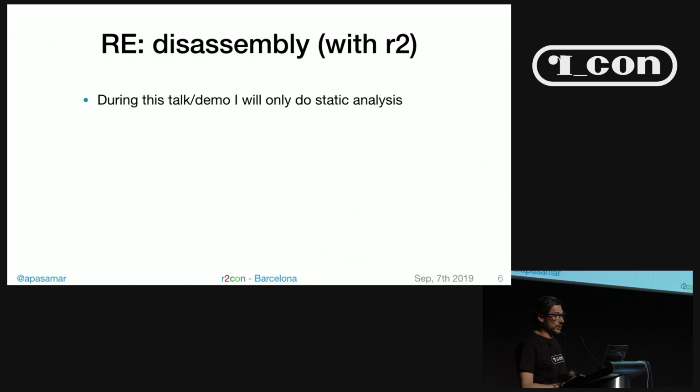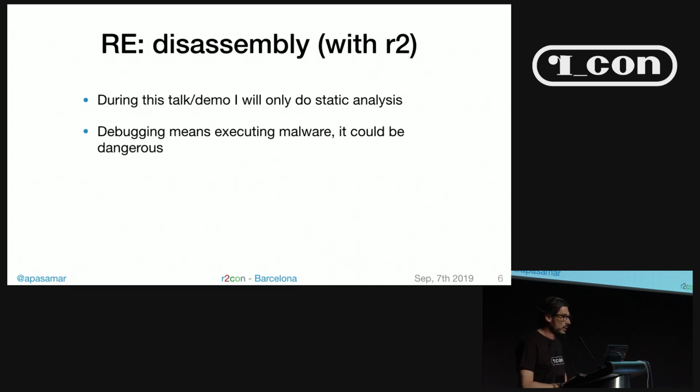During the demo, I will only do static analysis. We are not going to debug anything. Debugging means executing malware, so it could be dangerous, even if you do it in a very controlled environment. If you are debugging, the malware is executing.